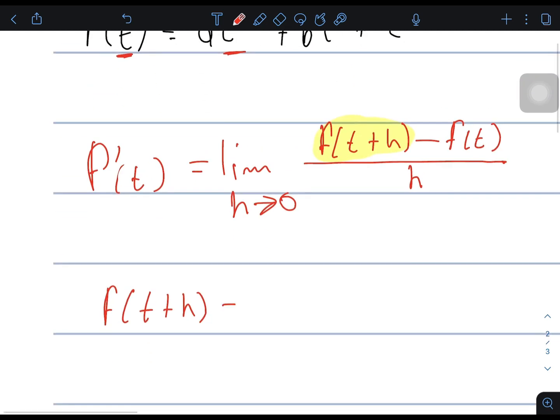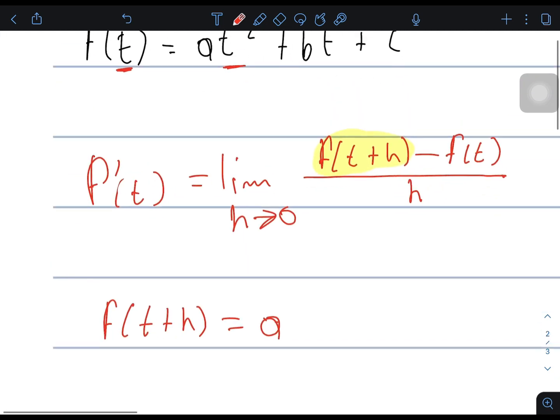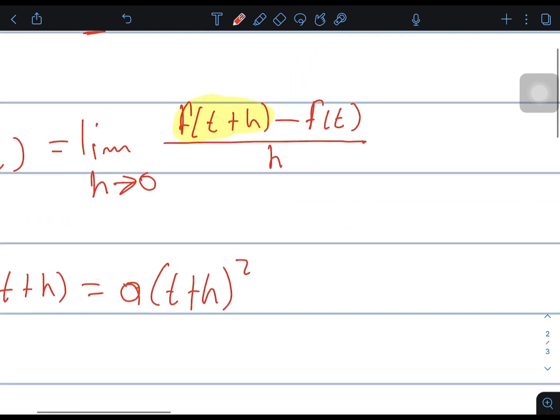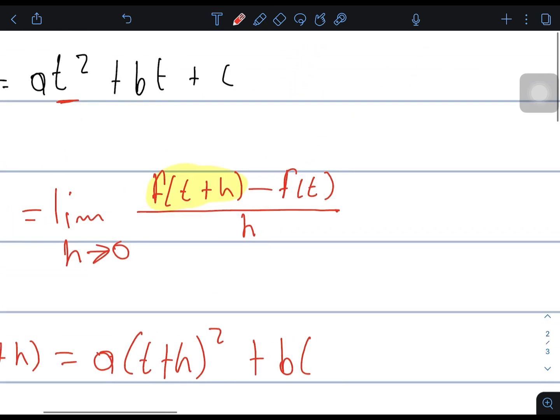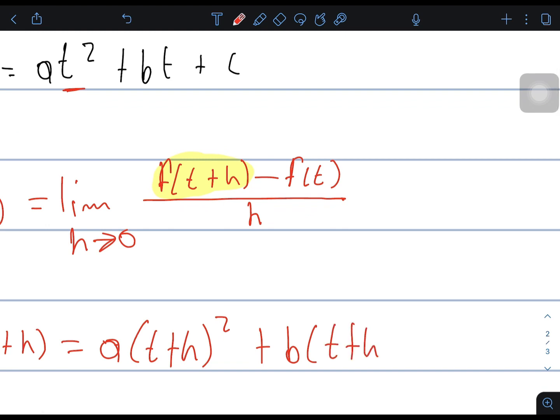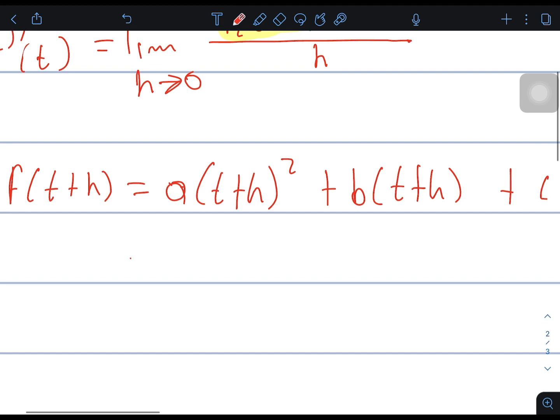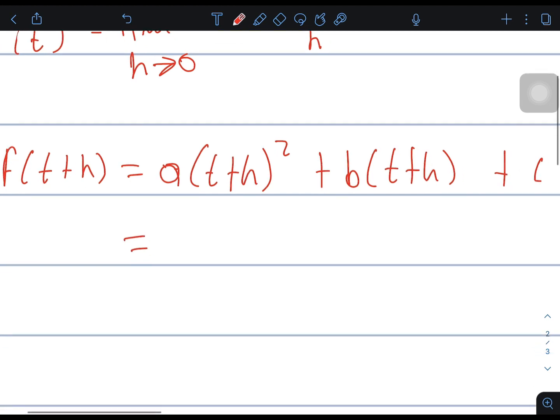For example, if we have a t squared, I'm going to say a times t plus h squared, plus b open brackets t plus h and plus c. Okay, so let us simplify. a open bracket t plus h, open brackets again t plus h. Remember, they are multiplying those values.